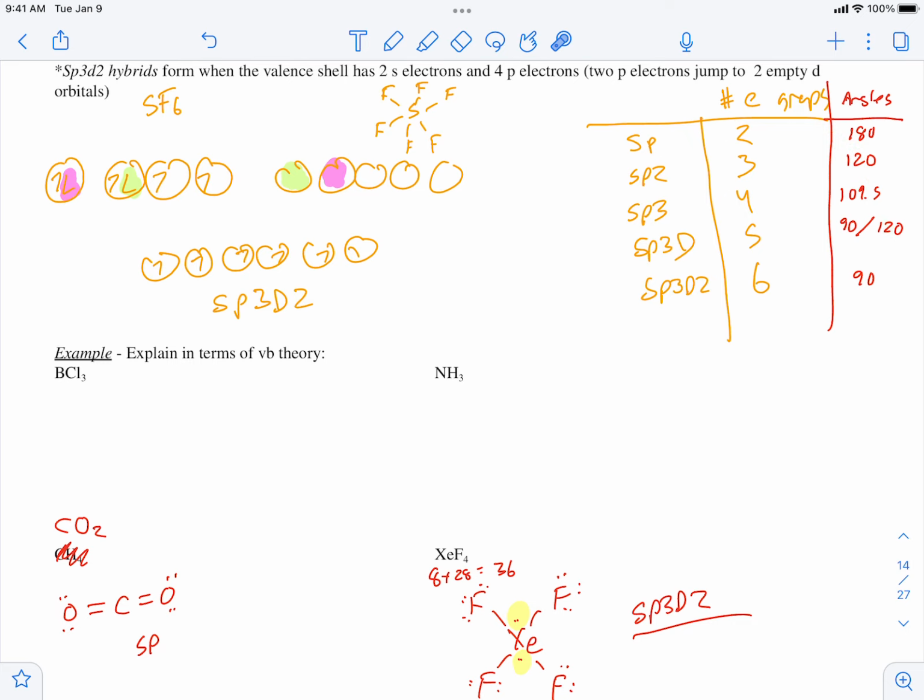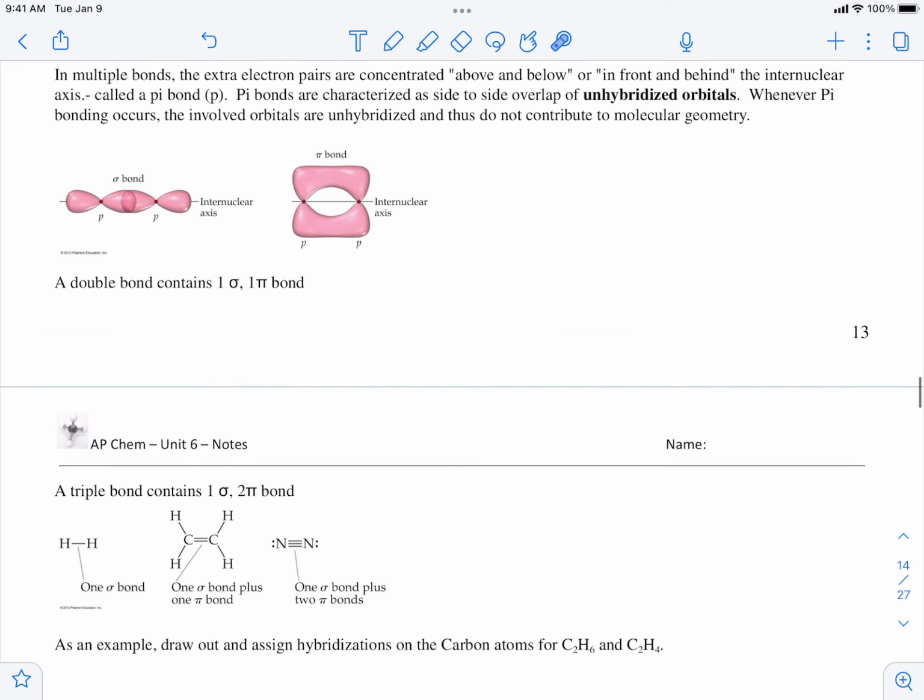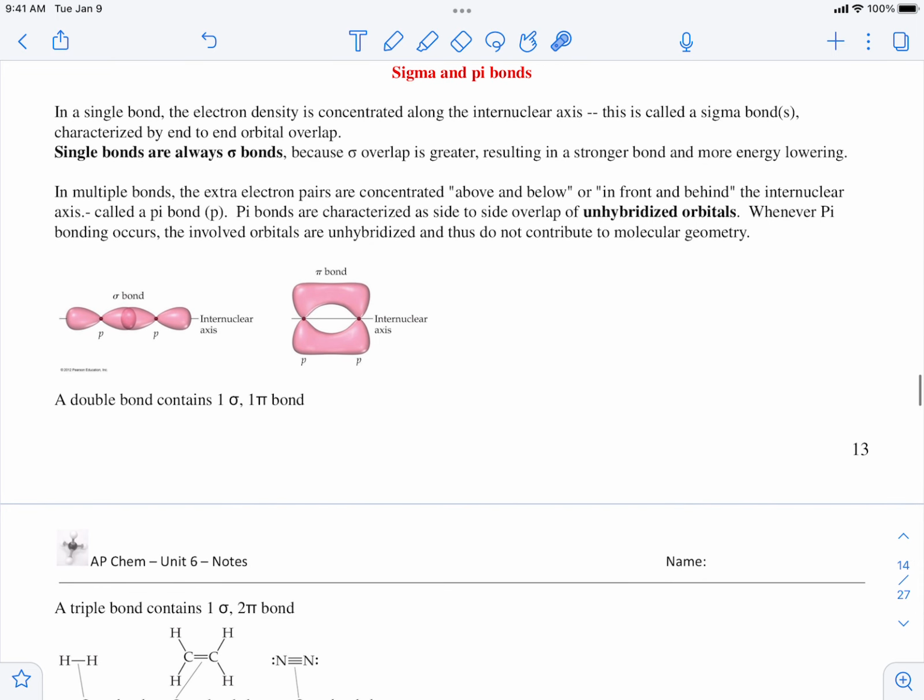So lastly, before our lab, let's talk about sigma and pi bonds. Whenever a covalent bond forms, electron density is concentrated along the internuclear axis. What that means is it's concentrated between the atoms.